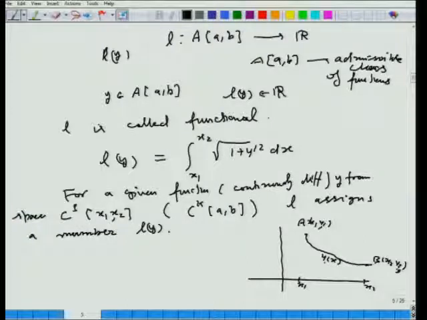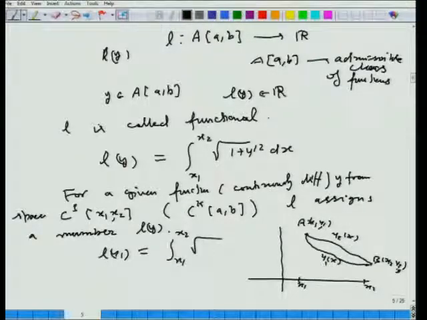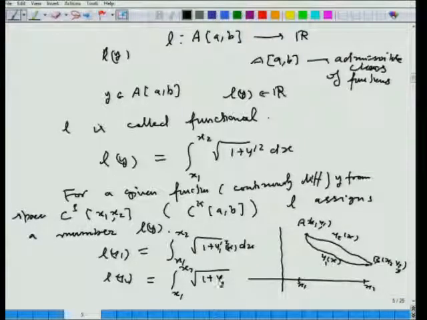If we consider another function y2, then L of y1 will be given by the integral from x1 to x2 of square root of 1 plus y1 prime of x squared dx. Similarly, L of y2 will be the integral from x1 to x2 of square root of 1 plus y2 prime of x squared dx, like that. So when we change this y, this L will change.